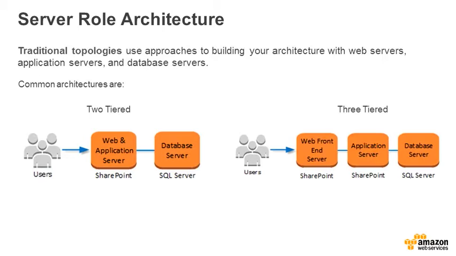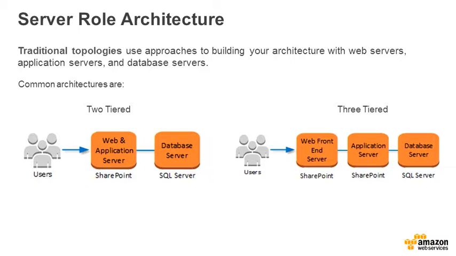The traditional topologies fit with what people are used to seeing from a classic web app architecture, either two-tiered or three-tiered. The two-tier model says I'm going to have my web and app servers, the SharePoint installation, on one tier, my entry point if you will to the application stack, and that will be backed by a database server.